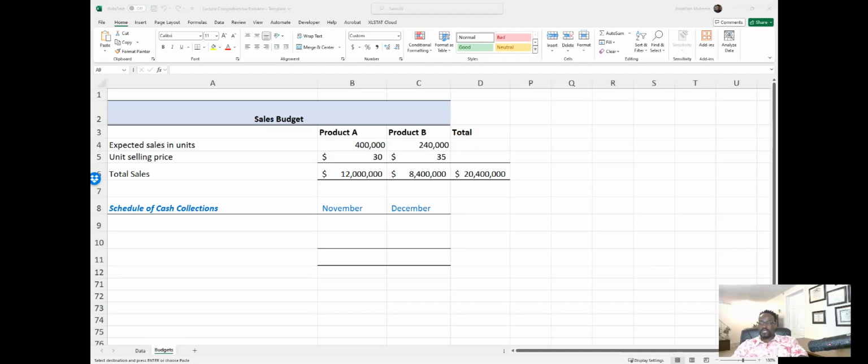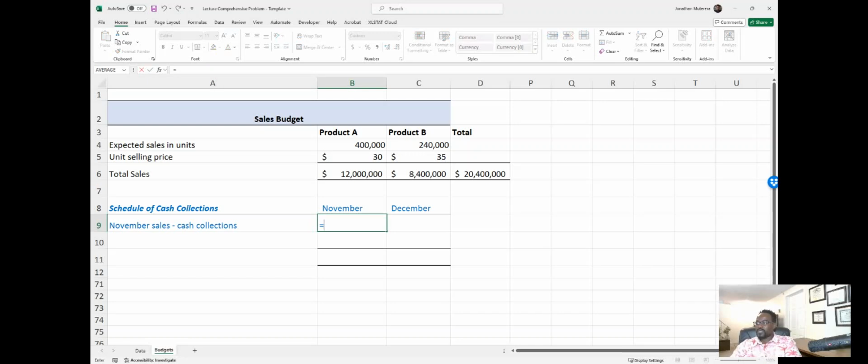So if you look at our November sales, we'll say, okay, we said 80% would be collected. So the total sales times 80% is going to be collected in November, which means that the balance, so that times 20%, the 20% is going to be collected in December.